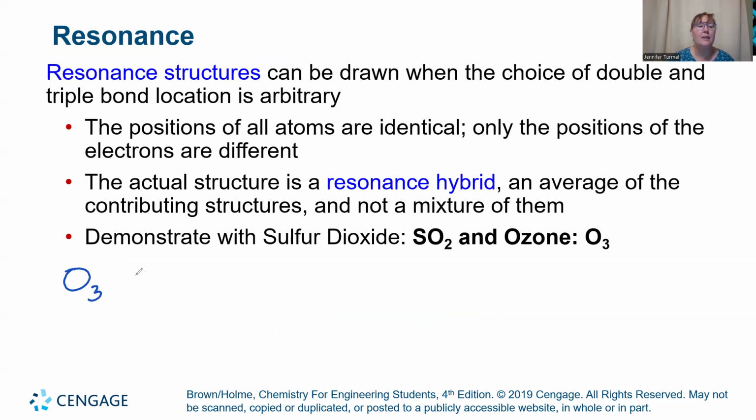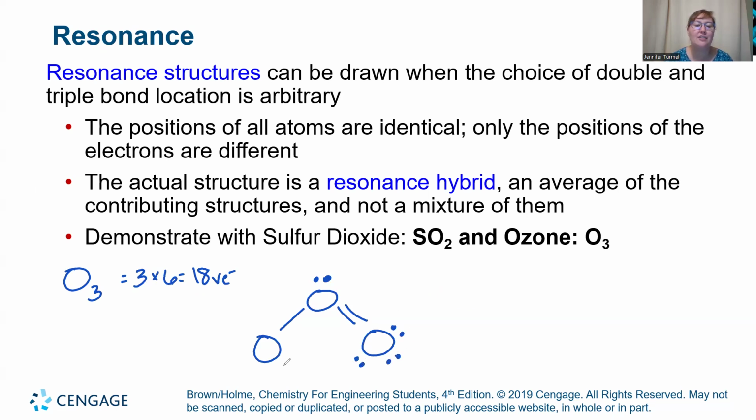Okay, so now let's look at doing this with ozone as well. We have O3, so that's 3 times 6, or 18 valence electrons again. This is going to look just like the other one, except that we have an oxygen in the center. So here's ozone. One of the reasons this happens is that oxygen doesn't like this structure over here.